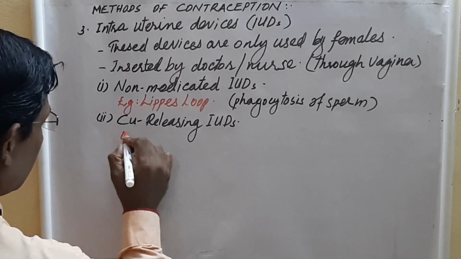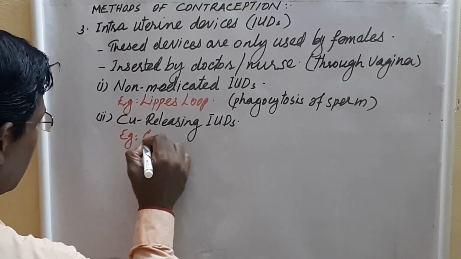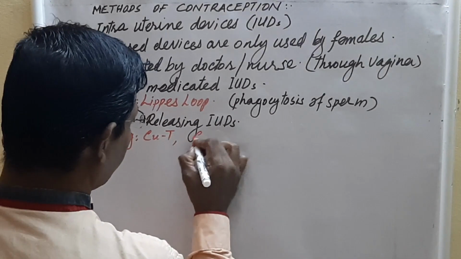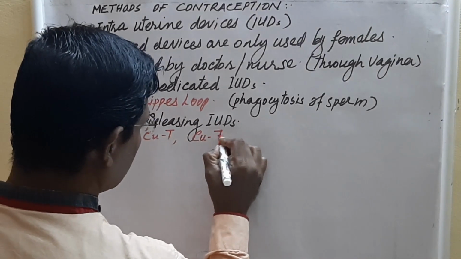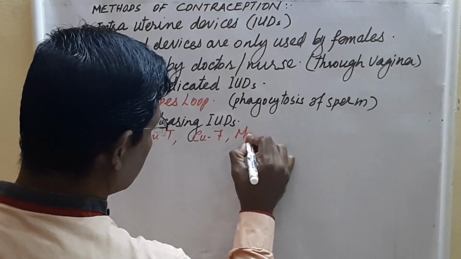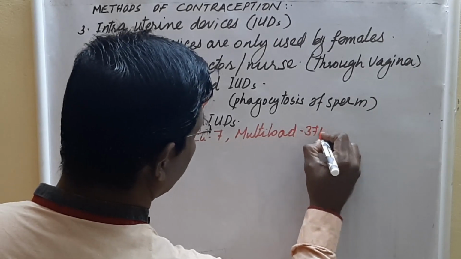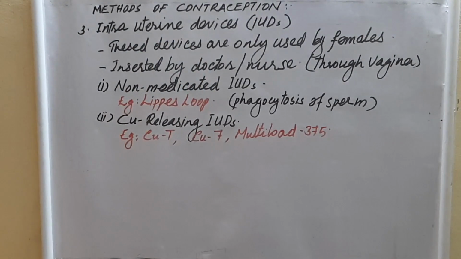Examples: copper T, copper 7, multiload 375, etc. are examples of copper releasing IUDs.